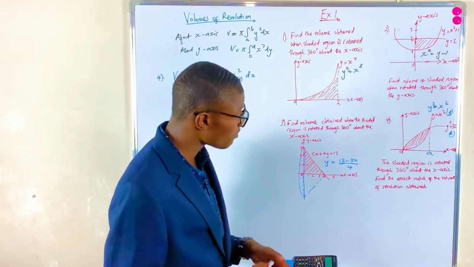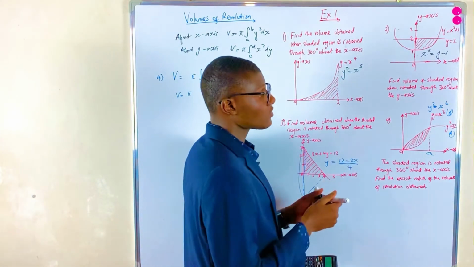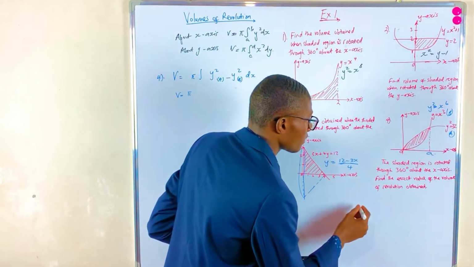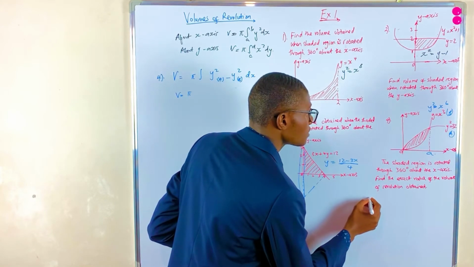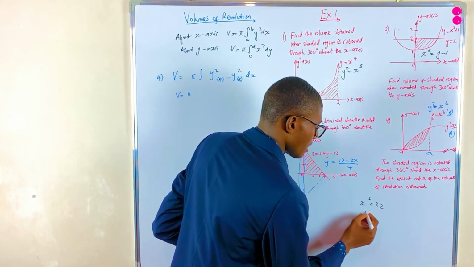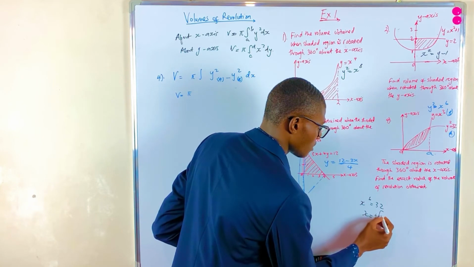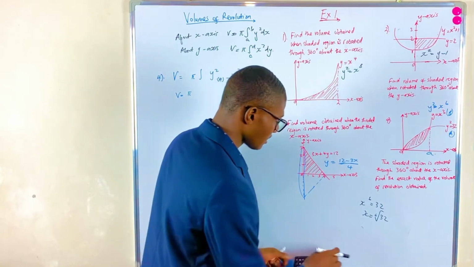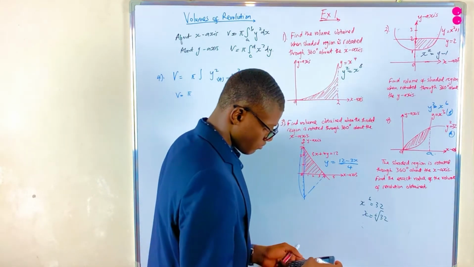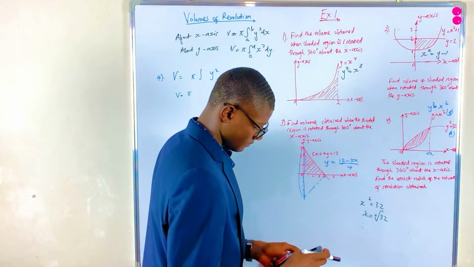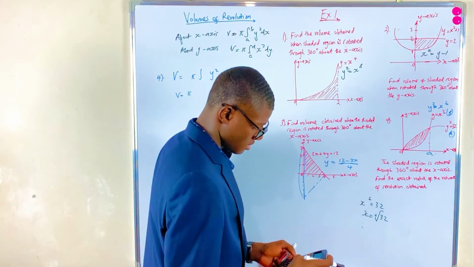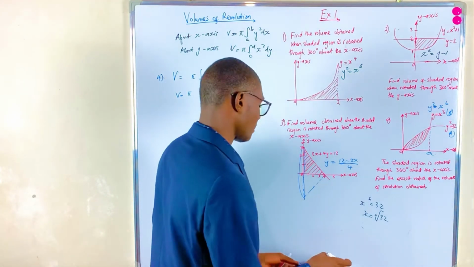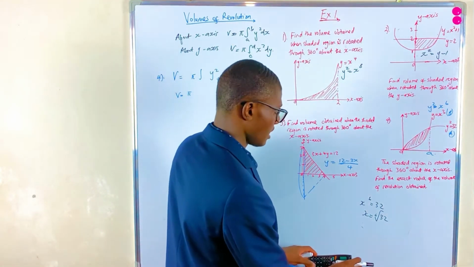So if you find the point of intersection, if y is equal to x to the power of 3 and y squared is equal to 32, we're saying x to the power of 6 is equal to 32, and x is equal to the 6th root of 32. I suppose we could leave it like that, and I would rather use it in its exact form.